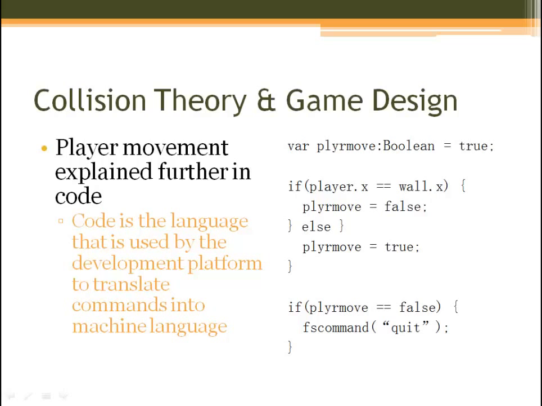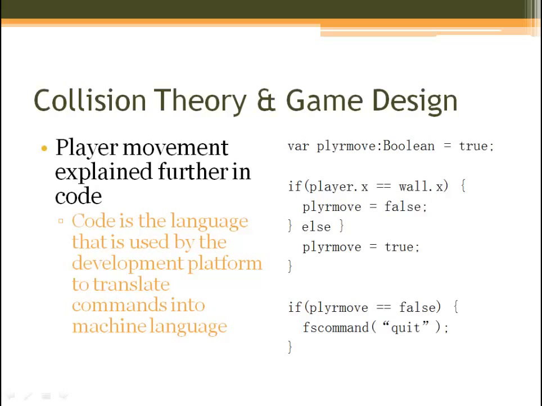For example, it says variable playerMove is a Boolean and it's initially set to a true value. Going to a conditional statement, it says if the player X position is equal to the wall X position, meaning the player collides with the wall, then the player movement needs to be set to false.